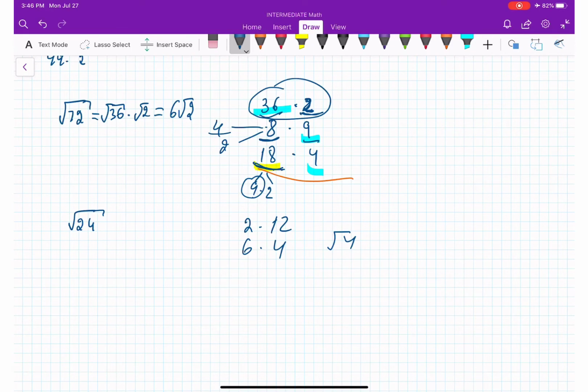So I am writing down square root of 4 times square root of 6. And square root of 4 is 2. Square root of 6 gets stuck under the square root because nothing is coming out of 6. Even if you break down 6 into 2 and 3, right? Still nothing comes out from 2 or 3.